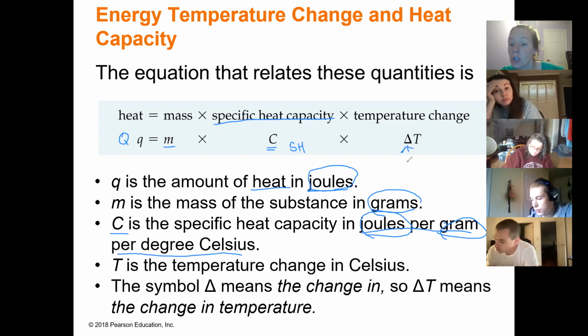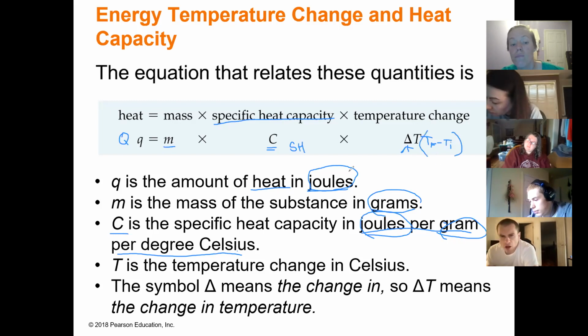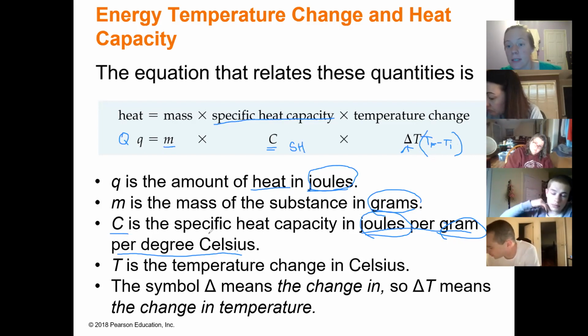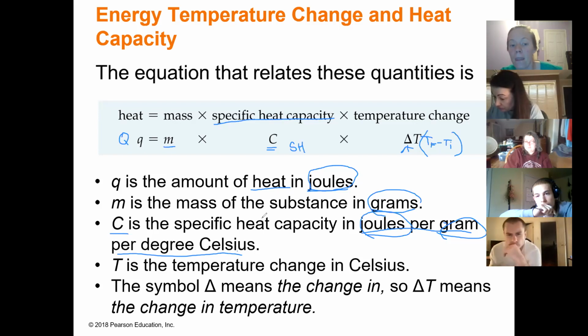So the change in temperature, or T final minus T initial. T final minus T initial needs to be in Celsius because, again, our specific heat is per degree Celsius. So if you were given a specific heat and the mass was in kilograms and temperature was in Fahrenheit, you need to change those to match up with whatever the unit of your specific heat is.